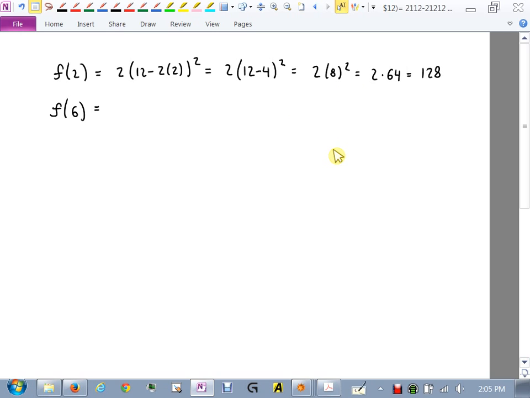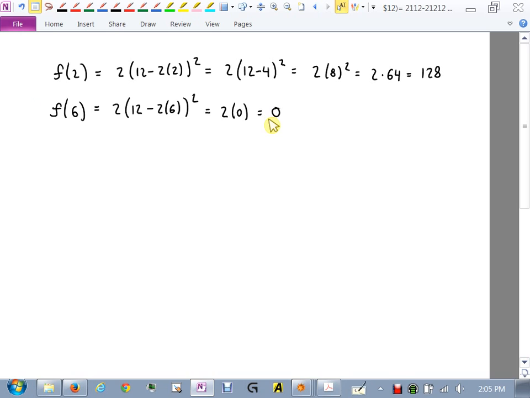All right, everyone got that? 128. Now plug in 6. I think it's going to spit out 0, because 2 times 6 is 12. 12 minus 12 is 0. So 2 times 0 is 0. So right now, at this point, I am not able to say that this is my global max and this is my global min.